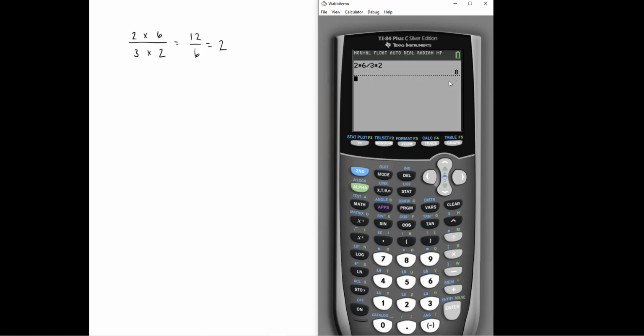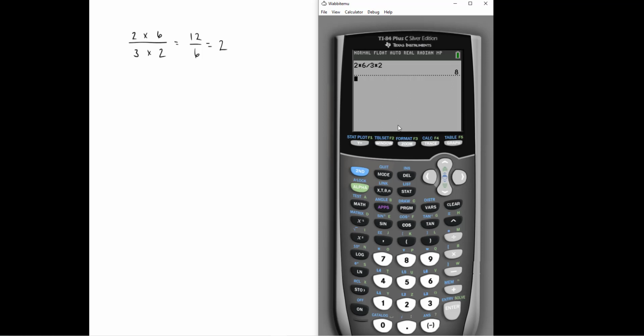The reason is that the calculator is following order of operations, and multiplication and division are equal in terms of order of operation, which means that the calculator will do them in order from left to right. So the calculator sees 2 times 6 is 12, divided by 3 is 4, times 2 is 8, which is clearly not what we want.